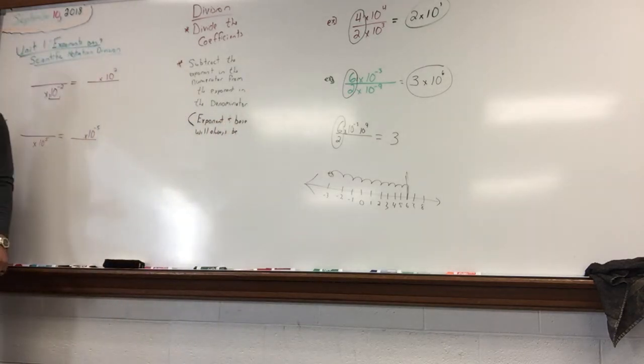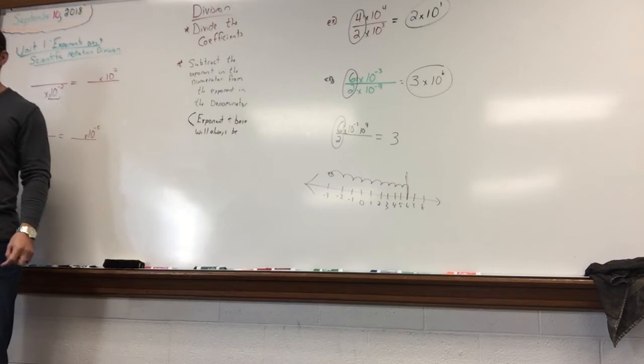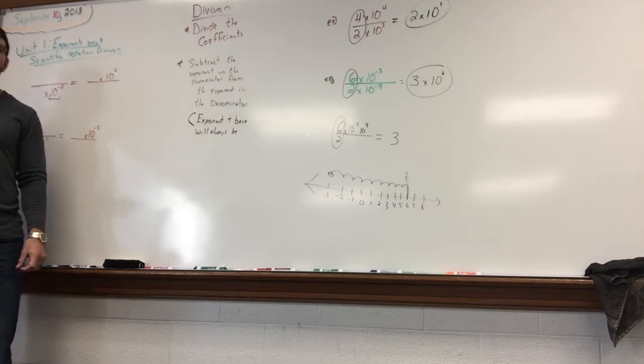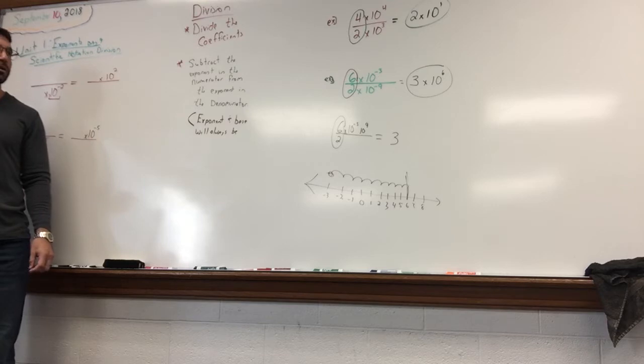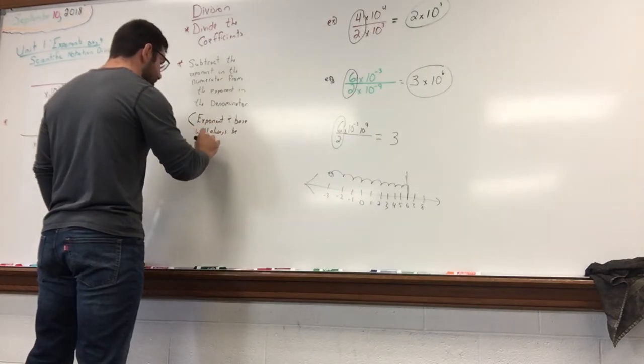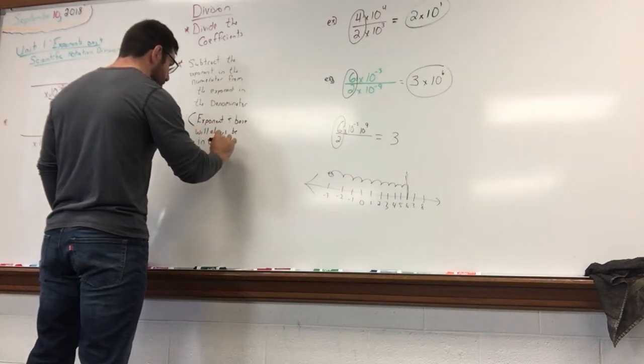Where does that exponent and the base always have to end up once we divide? Come on, I need hands. Come on, Brooklyn, where does it have to be? Numerator or denominator? What do you think? Good. The exponent and base will always be in the numerator.